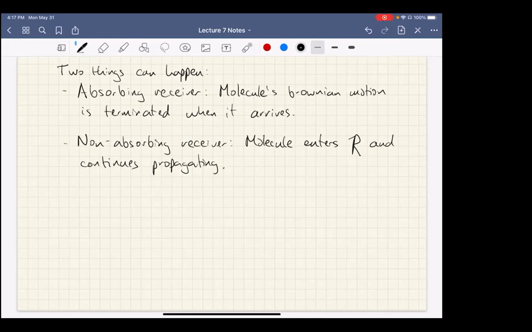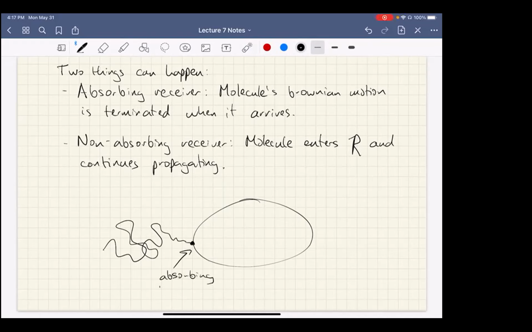So to visualize the difference, we have a molecule that is propagating by Brownian motion. For an absorbing receiver, the molecule arrives at the region R. This is the region R. It arrives at the region R and stays there.